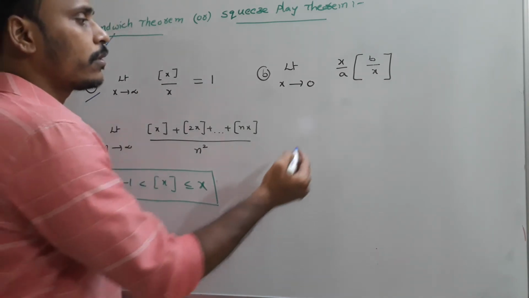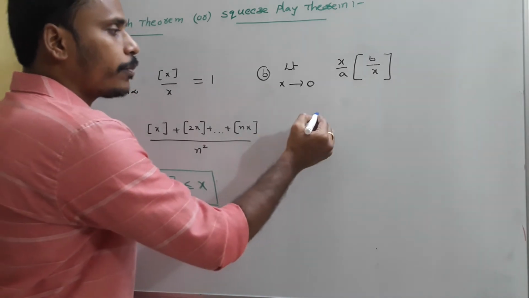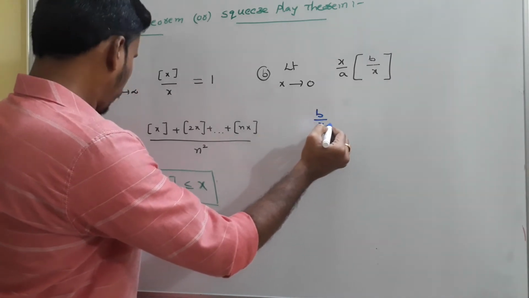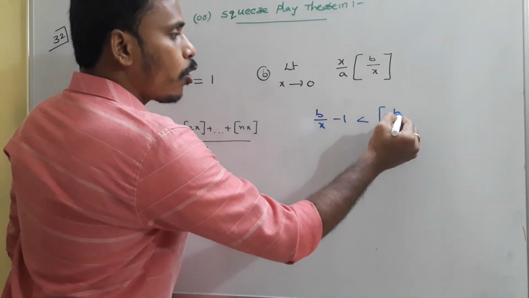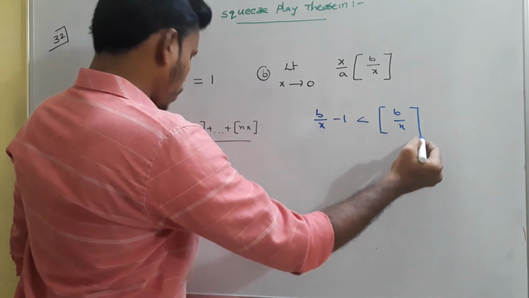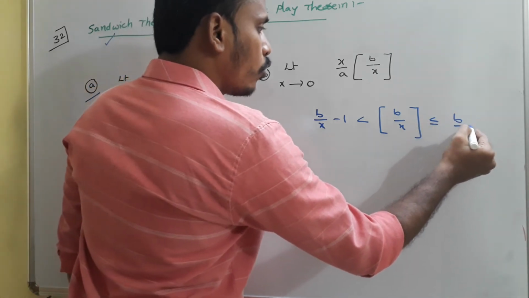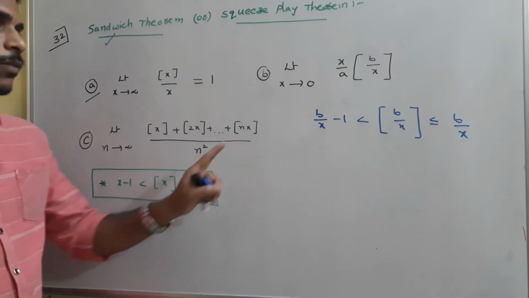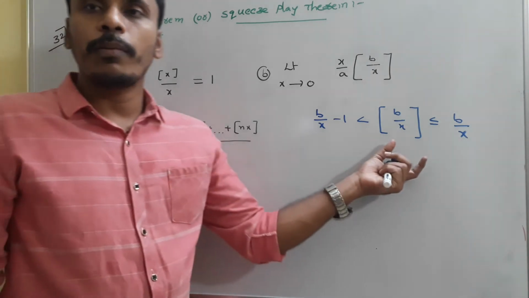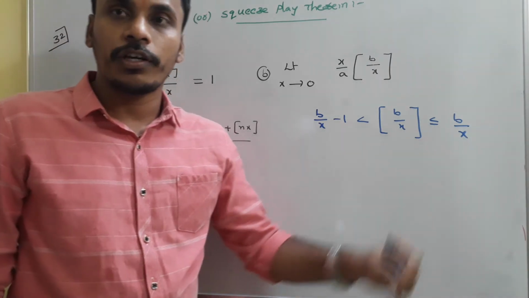Then how it becomes, just have a look. As per this statement, b by x minus 1 is less than step of b by x is less than or equals to b by x. In the place of x, you just replace with b by x. So step of b by x is always in between these two functions.